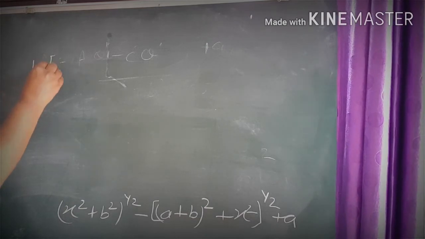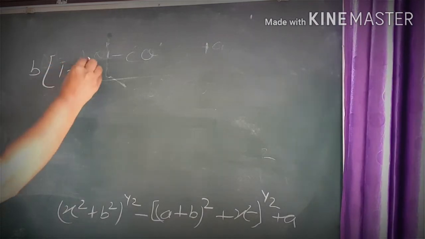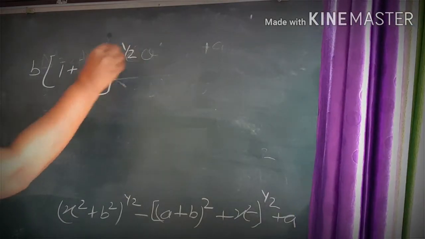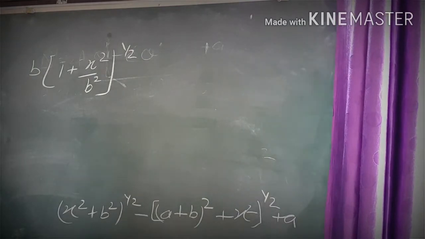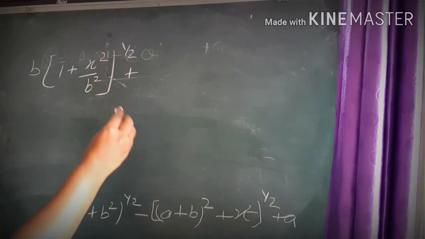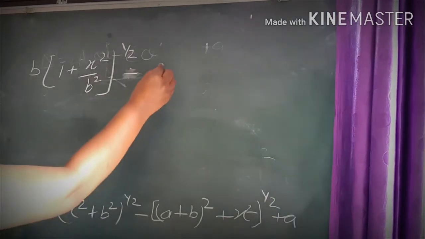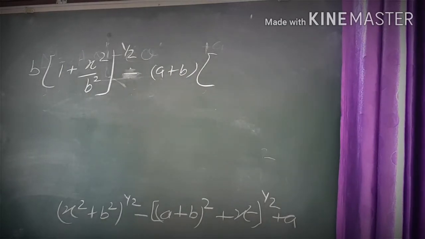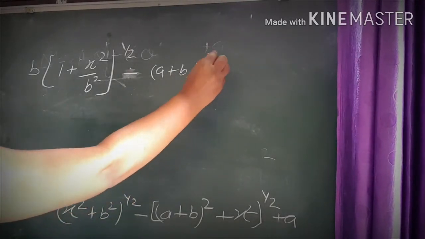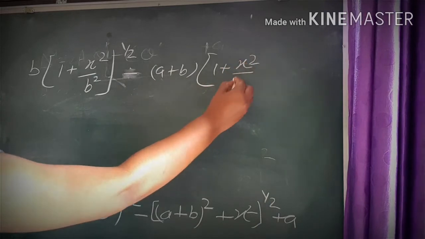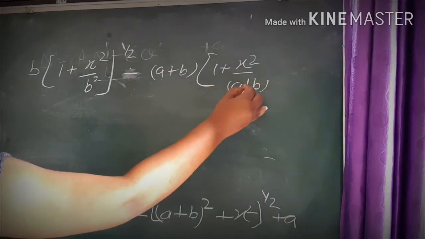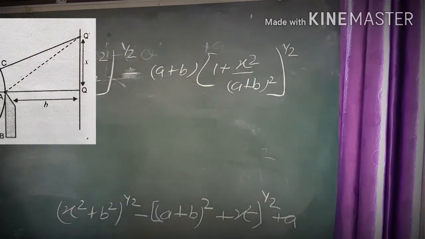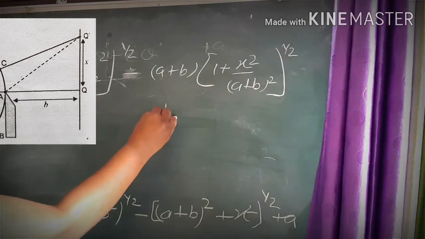Here b into 1 plus x square by b square raised to power 1 by 2, and from here minus a plus b, constant values, into 1 plus x square by a plus b whole square raised to power 1 by 2, and plus a.